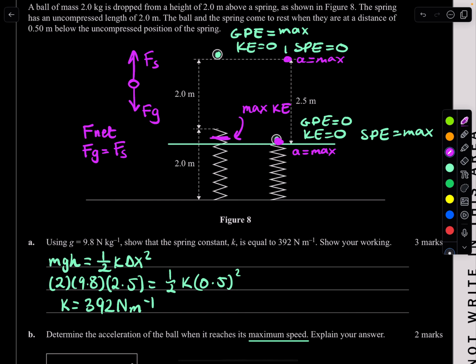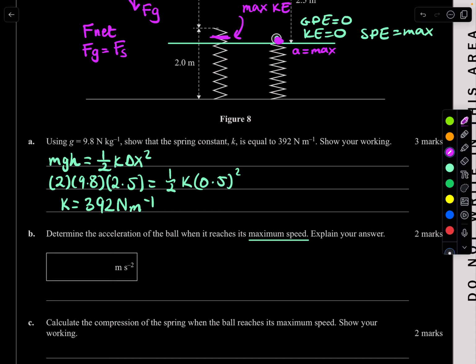Whenever you're looking at spring systems, one of the most important things is that at the maximum speed, the actual acceleration is 0. Whenever you're dealing with vertical spring systems, this is so important to know. For any vertical spring system, which this is too, the acceleration is going to be 0 at its maximum speed.